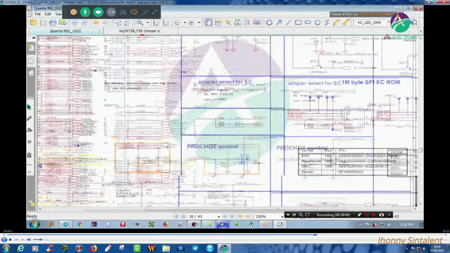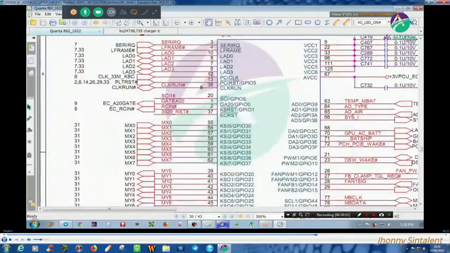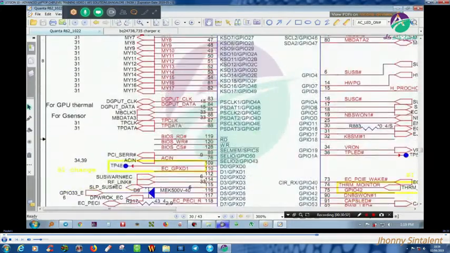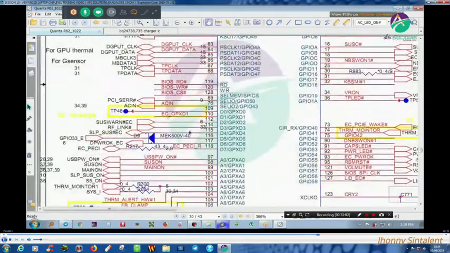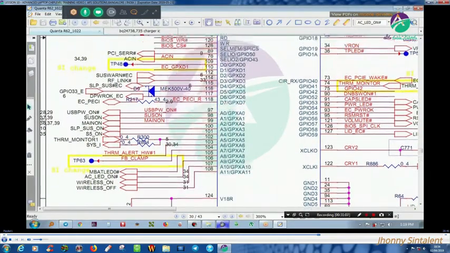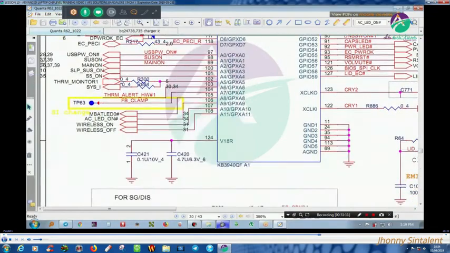Where is my GPIO 42? You can see here on the left side. Is it available here? GPIO 42, and comes my confirmation, either left or right. GPIO 33 and GPIO 42.